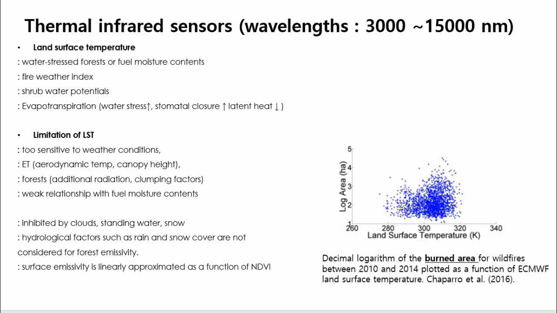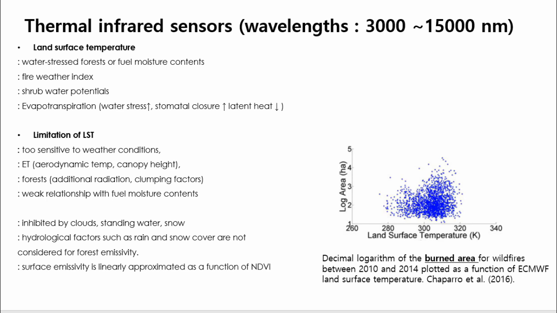And to estimate evapotranspiration requires many other variables such as aerodynamic temperature or canopy height information and so on, but usually that information is not available, which propagates errors to the estimation of evapotranspiration or land surface temperature.